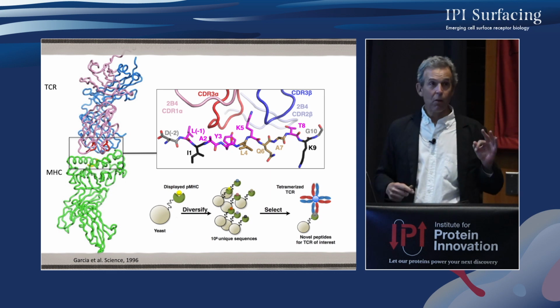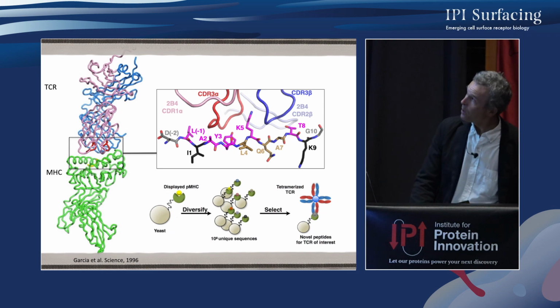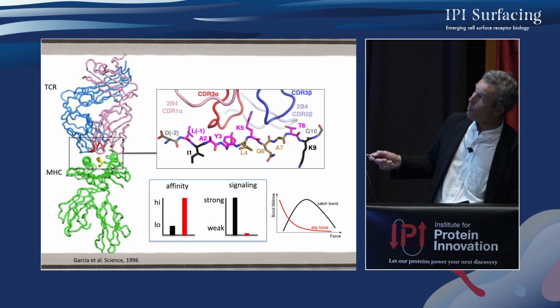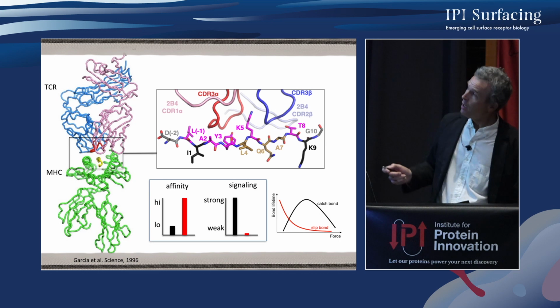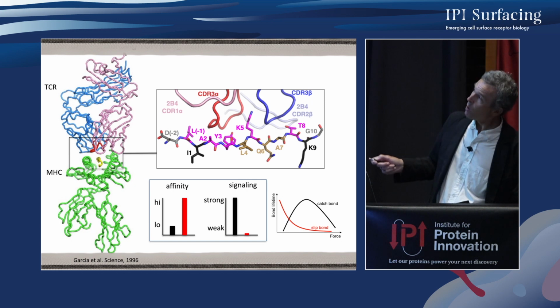And we found something very interesting out of this, a mechanistic insight that was unexpected, which is that the affinity of the T cell receptor for peptide MHC can be decoupled from its signaling strength. In other words, we isolated peptides that had high affinity for the TCR but did not signal at all, as well as weakly binding peptides that signaled very strongly.